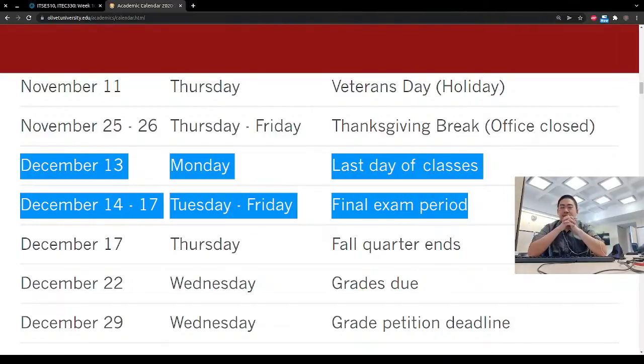So the bonus option for the final project stays the same, but for the basic option, instead of having a final exam, I'll ask people who choose that option to write an essay on what you've learned in this course.